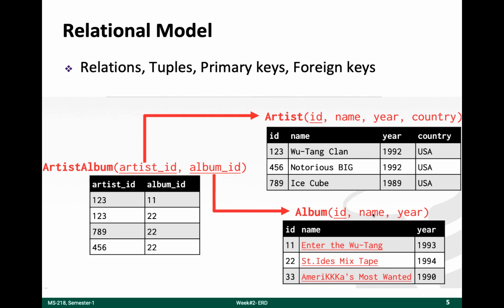Then we talked about the relational model, and in the relational model we talked about relations. We also call this a table. In DBMS we call this a table. Then we have tuples: one row, one record. When you do a transaction online, it is one record, because for a particular order you will get an order ID.